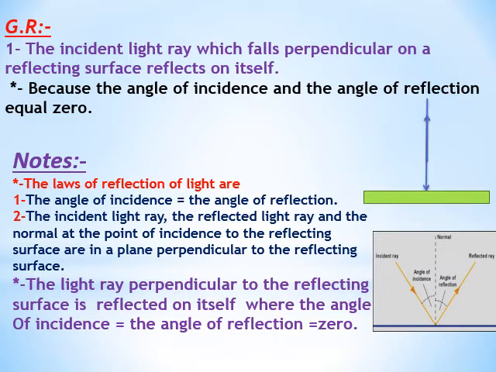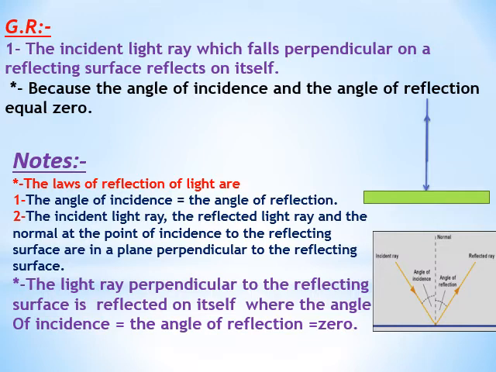When we look at this figure, we see that the angle of incidence equals the angle of reflection, and this is the first law of light reflection. Okay, so if you get this scientific term, the angle of incidence equals the angle of reflection, your answer will be: the first law of light reflection.